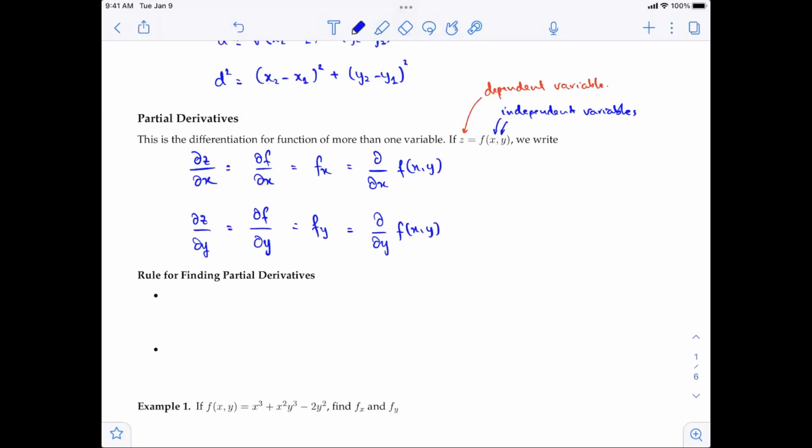So how would you find the partial derivative of a function of more than one variable? In this particular case, we just consider a function of two variables.